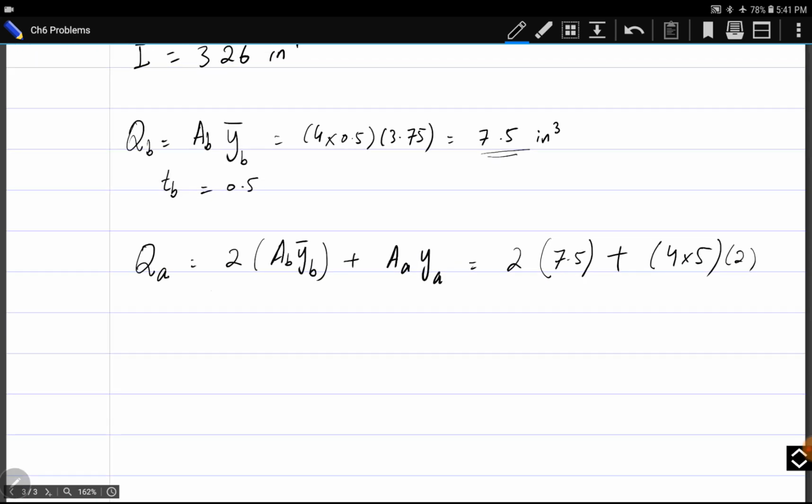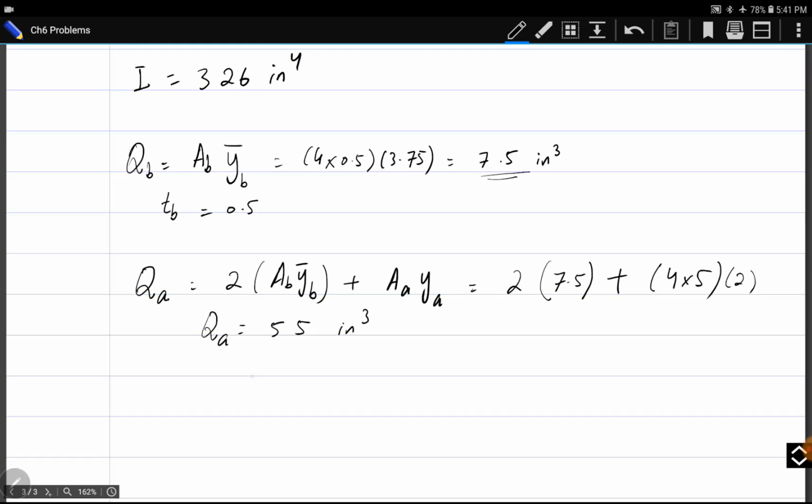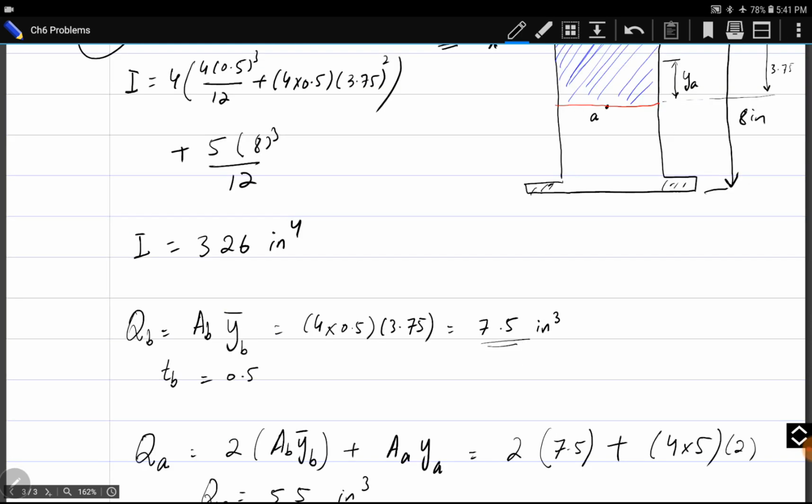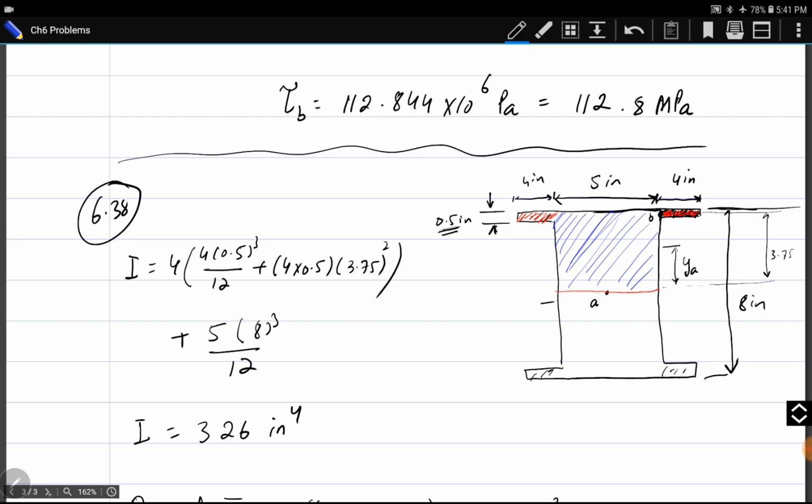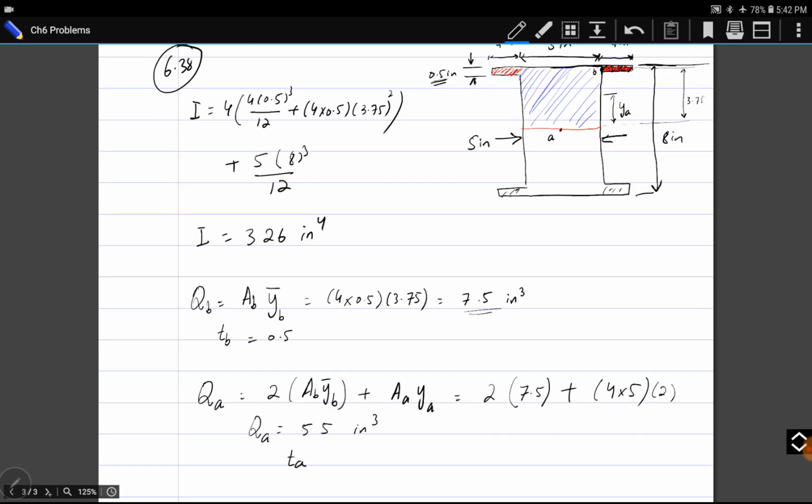So QA becomes 55 cubic inch, and the thickness at A, the thickness of this portion, is 5 inches.